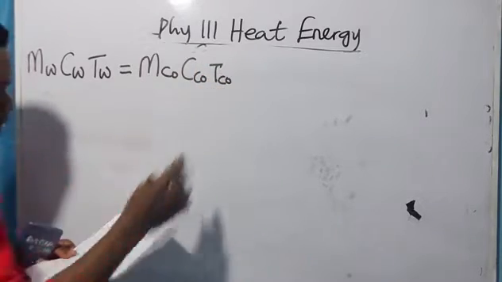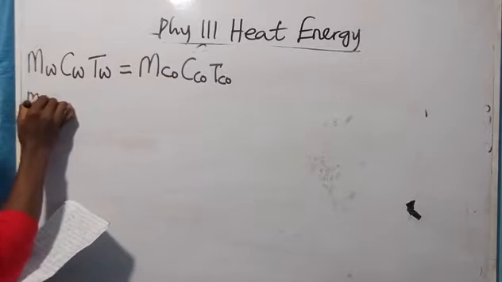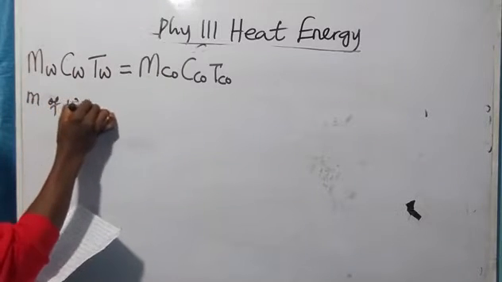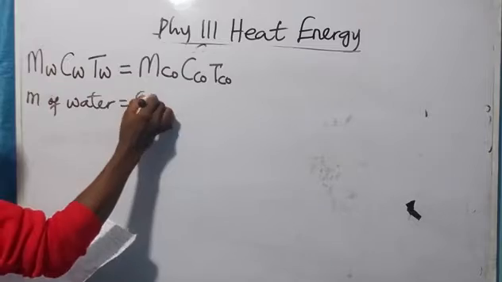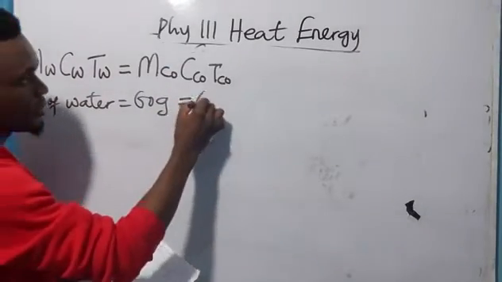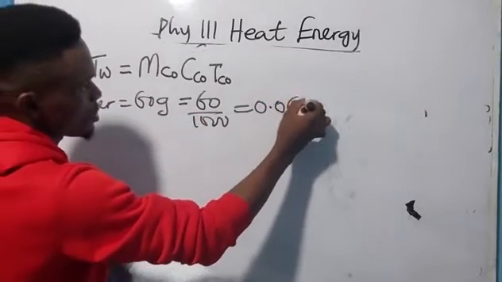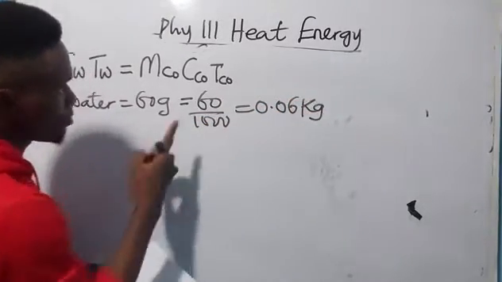So from the question, the mass of water is 60 gram. We have to convert to kilogram. In doing that, you say 60 divided by 1000, that'll give you 0.06 kilogram. That is the mass of water.